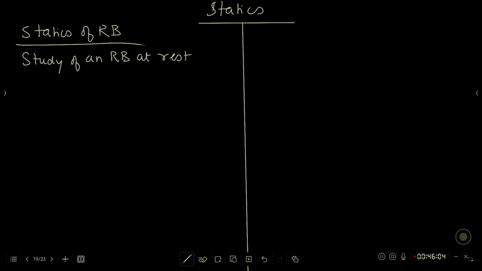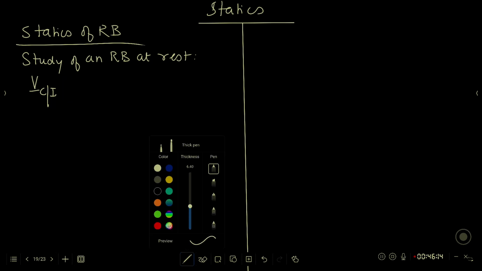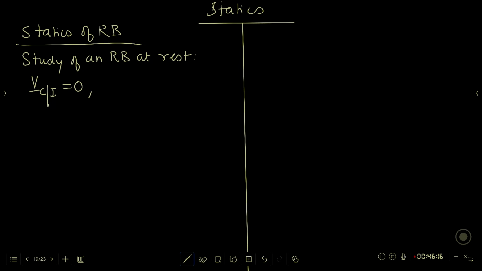What do I mean by rest? By rest I mean VCI, velocity of the center of mass of the RB is 0, and omega is 0 at all times.